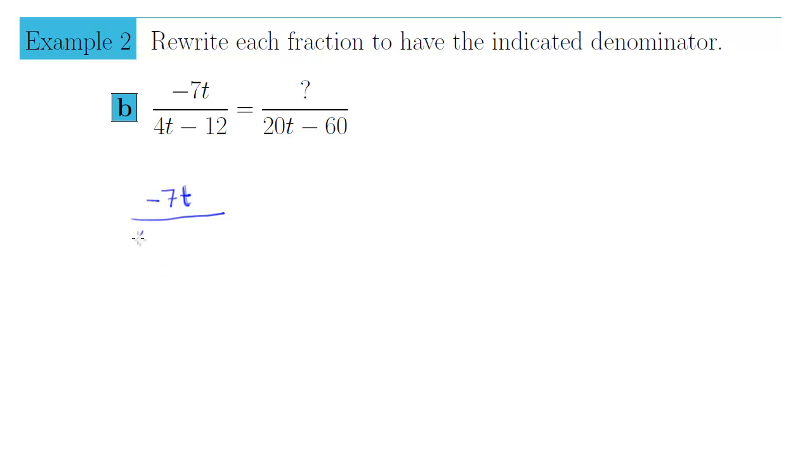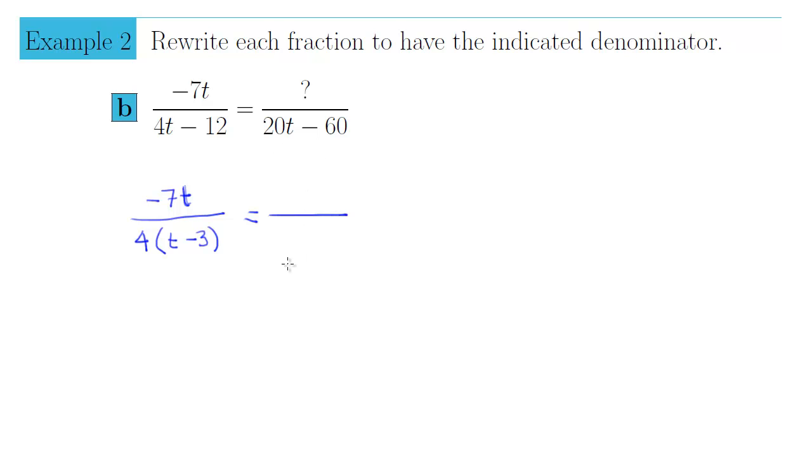So again, our first step is going to be factor. I'm going to take out a 4, or the greatest common factor, from each term. When I take out a 4, that leaves me with t minus 3, 4t minus 12. As I continue on, I want to rewrite this fraction as well.